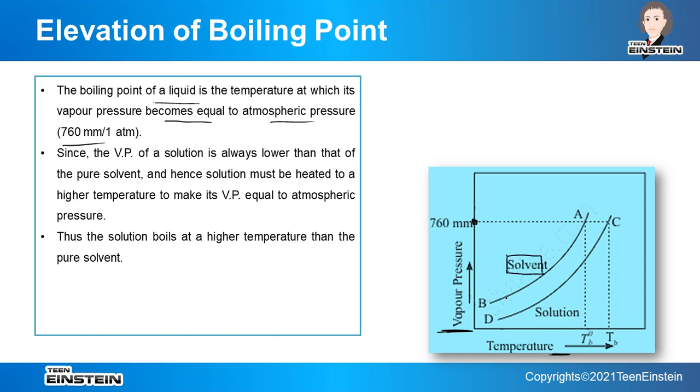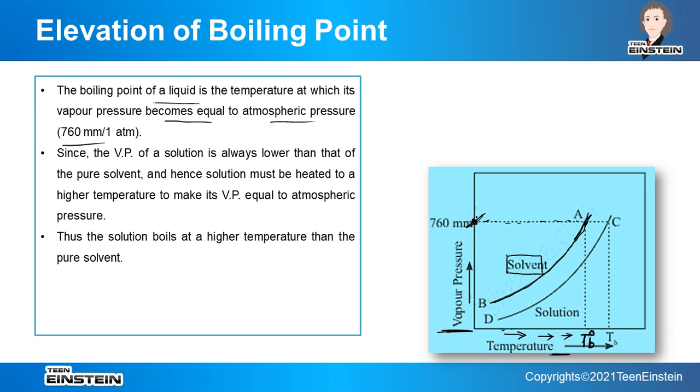At first we have pure solvent. So this is the graph, the AB line, that is for solvent. Okay, so for the solvent, when you are increasing the temperature, you are moving towards this side, and gradually you will reach one point which is TB naught. So at TB naught temperature, this line AB is meeting with this particular atmospheric pressure point.